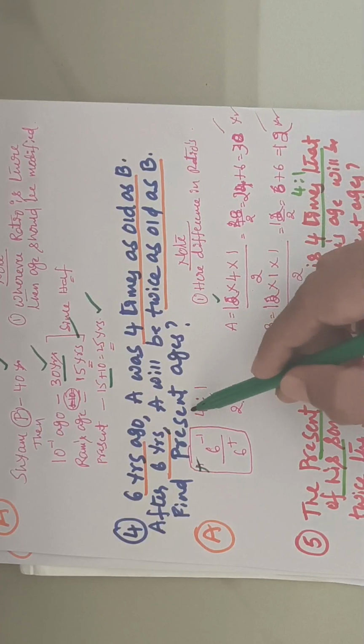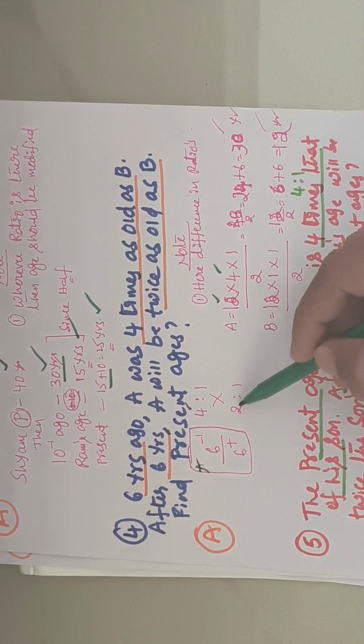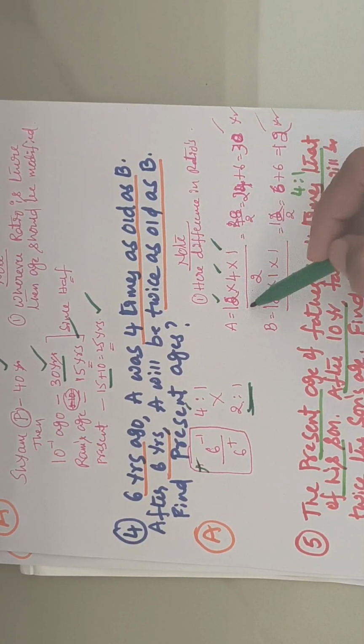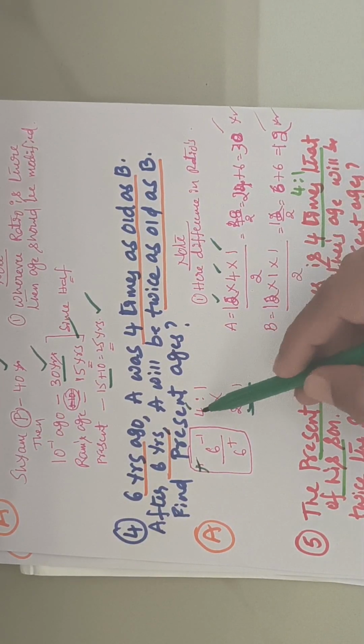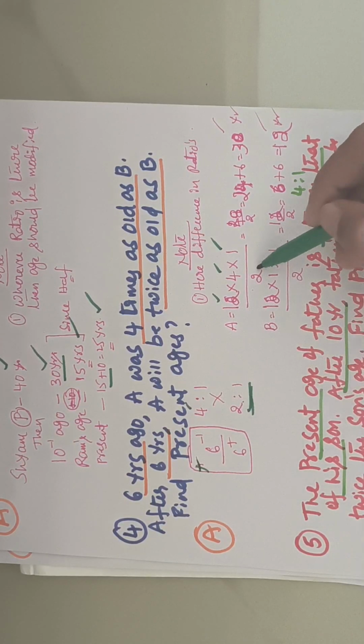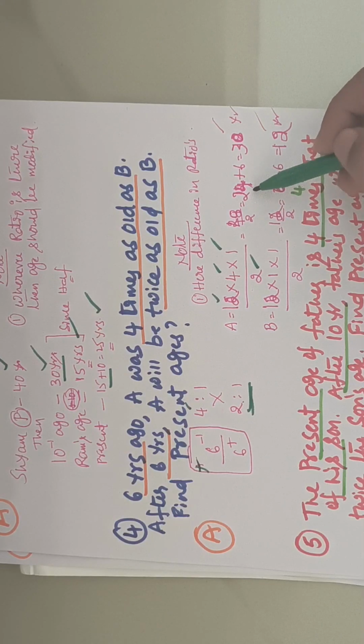So 12 into 4 into 1, divided by the ratio difference, that is 4 minus 2 into 1, which is 2, that is 48 by 2, equal to 24.